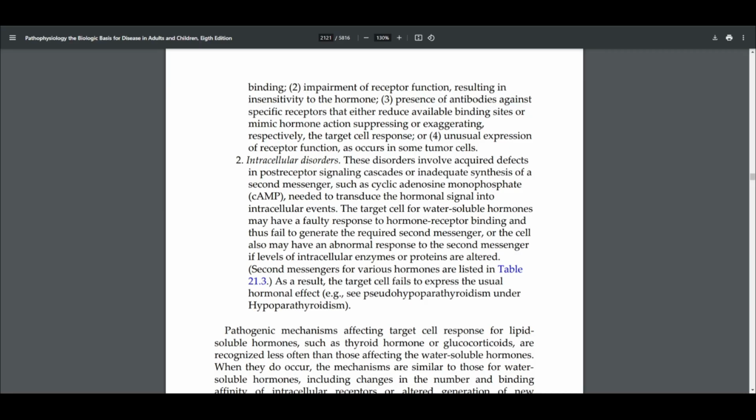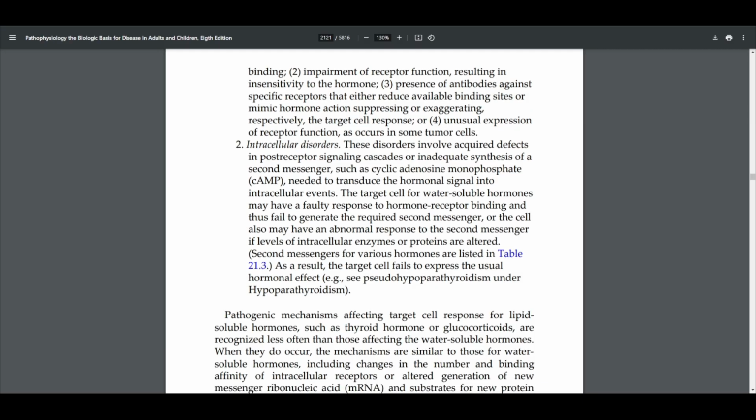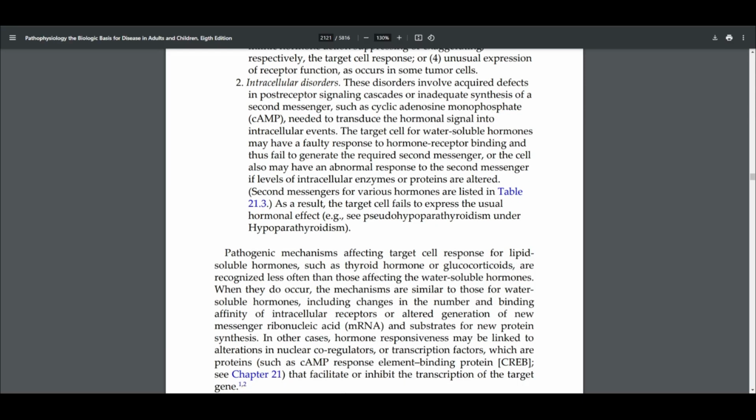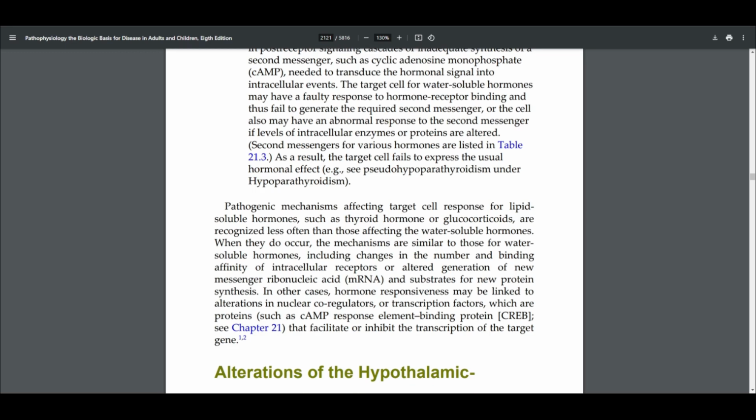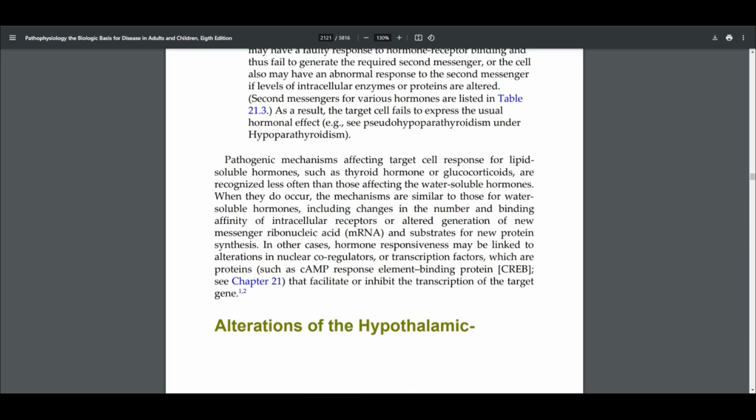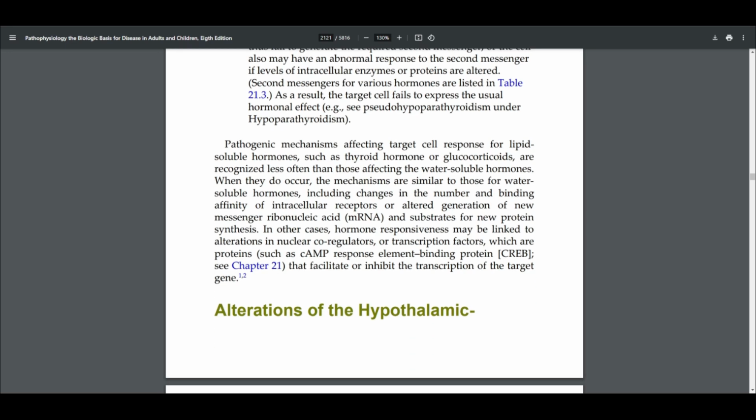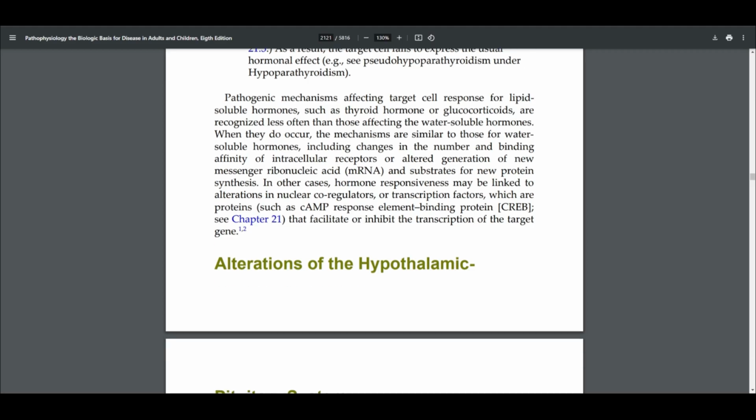The target cell for water-soluble hormones may have a faulty response to hormone receptor binding and thus fail to generate the required second messenger, or the cell also may have an abnormal response to the second messenger if levels of intracellular enzymes or proteins are altered. As a result, the target cell fails to express the usual hormonal effect. So your pseudohypoparathyroidism under hypoparathyroidism.